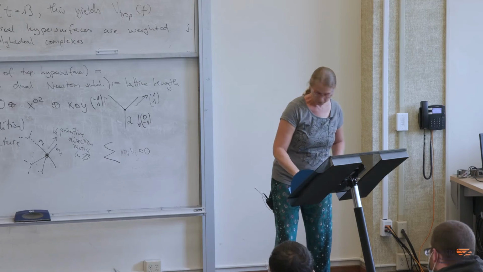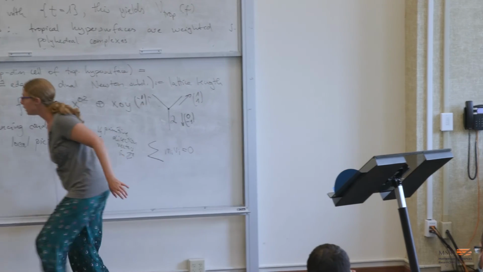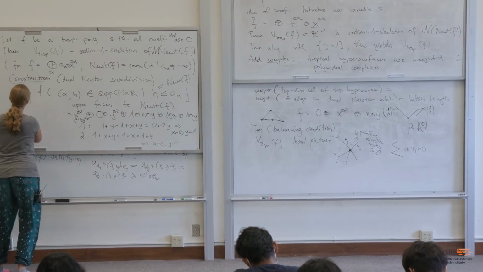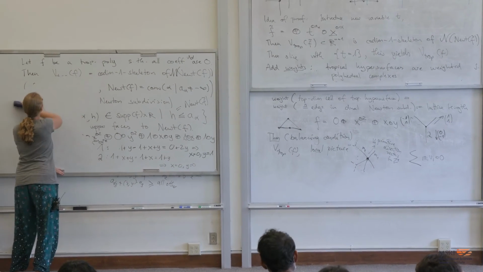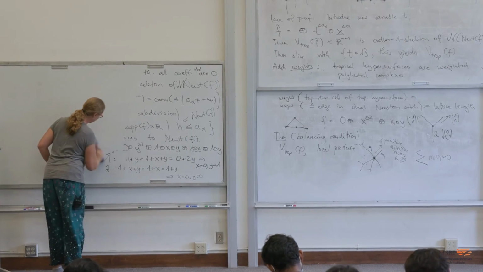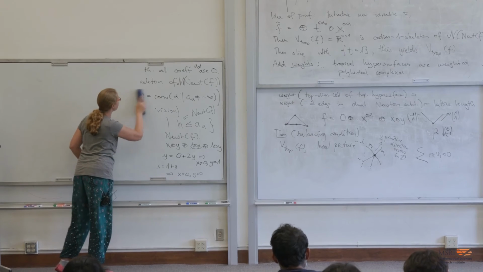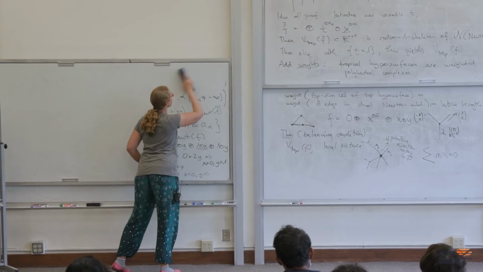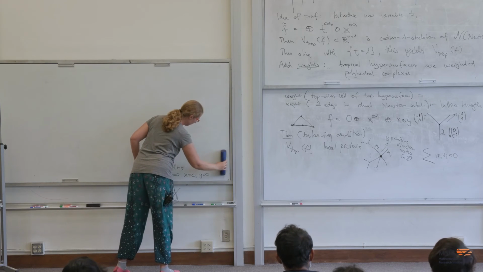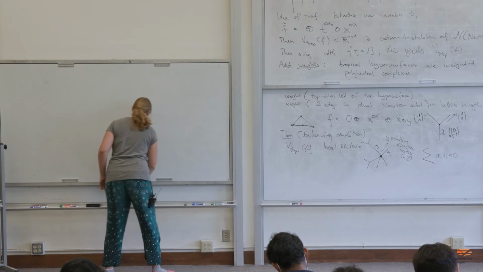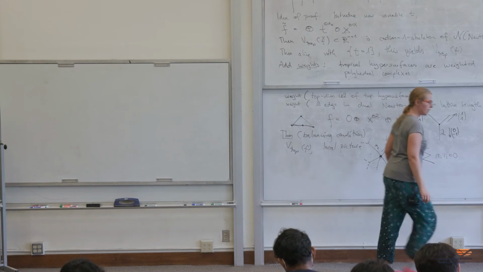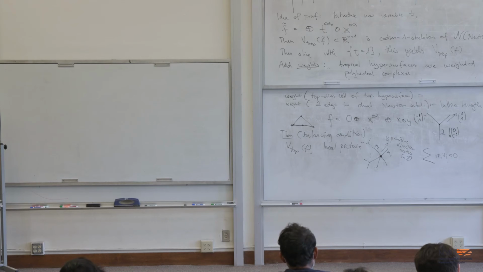Okay, so I want to write down one last theorem for today, which is the tropical Bézout theorem. So those of you who have an algebraic geometry background, of course, all know Bézout's theorem: an algebraic plane curve of degree d and an algebraic plane curve of degree e intersect in d times e points counted with multiplicity.